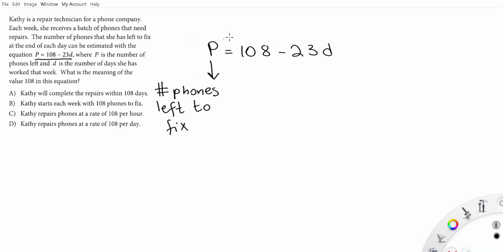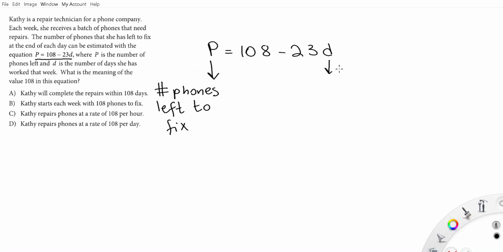So right off the bat, I can tell that this is a number that varies, because it's given to me in the form of a variable. P is a variable, right? It's unknown. It changes every week. And D is the number of days she has worked that week.